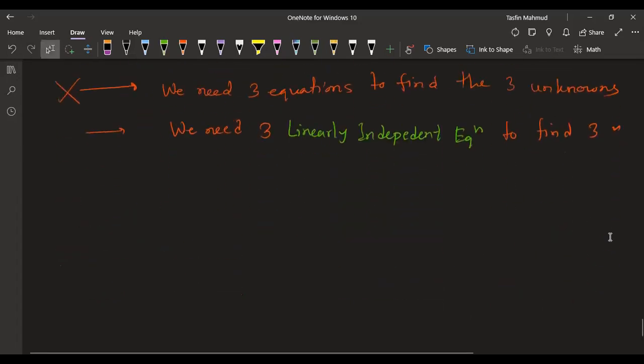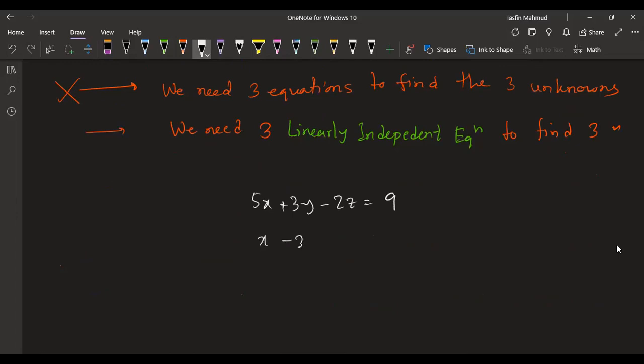Like if I give you 3 equations that look like this: 5x plus 3y minus 2z equals 9, and 2 more equations like this: x minus 2y plus 9z equals 10, and I just multiplied that equation by 2, so 2x minus 4y plus 18z equals 20.